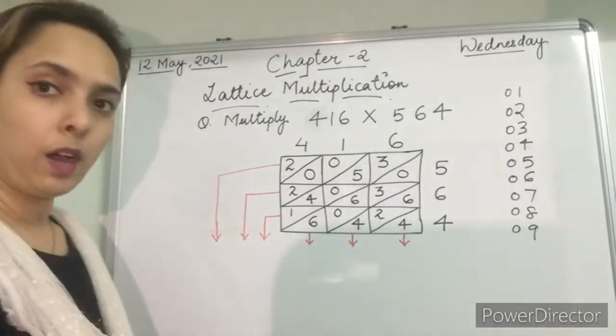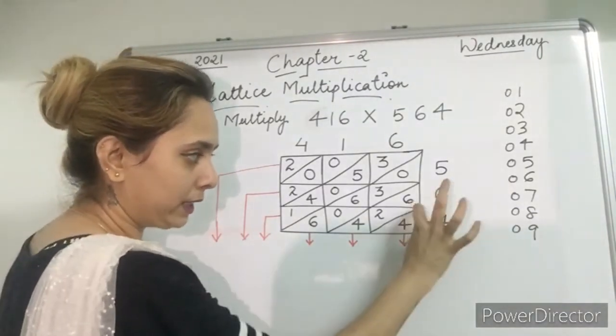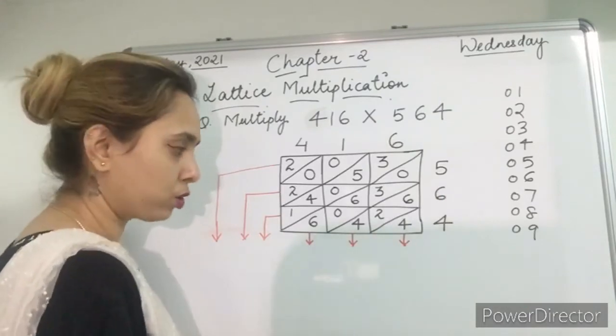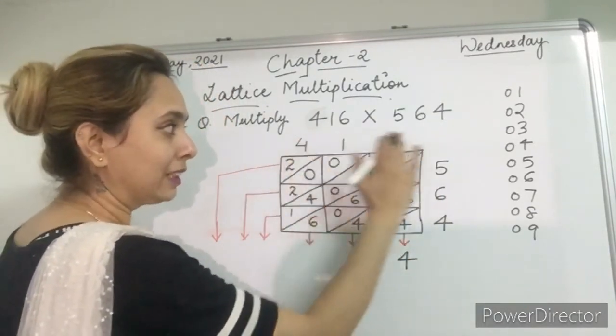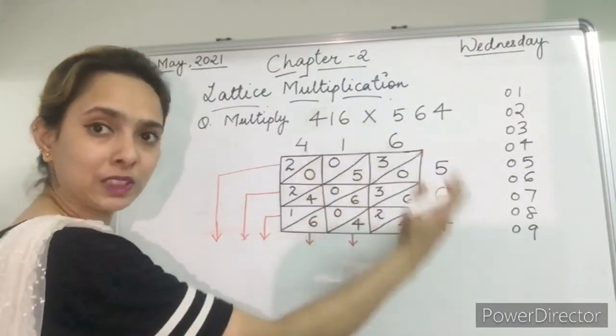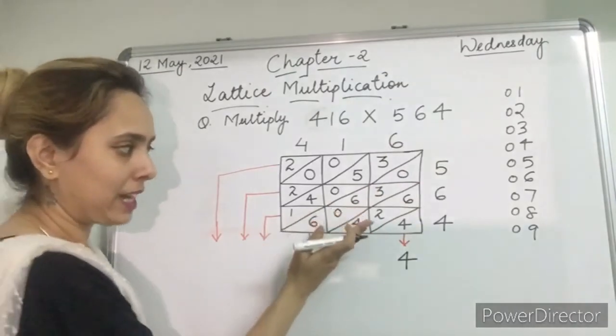Okay, so what we are going to do, this 4 is in this area, 4 is alone, so we will write 4 here. Here we will not consider the numbers which are outside the box. We will consider the numbers which are inside these slant lines.